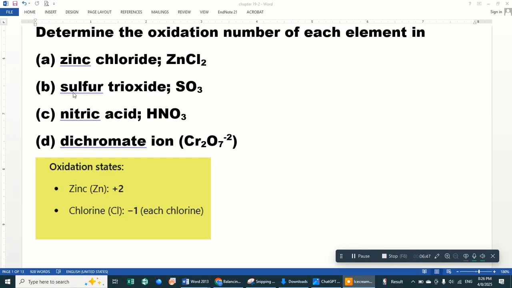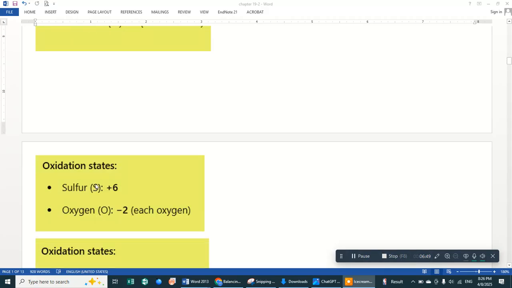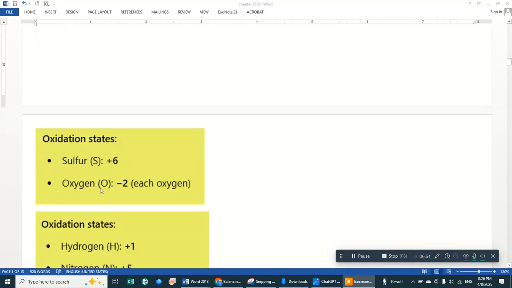Next, sulfur trioxide. We know that oxygen has the normal oxidation state of -2, but sulfur does not have a permanent oxidation state. It may show +6, it may show -2.